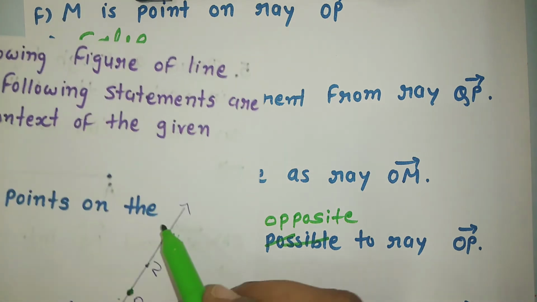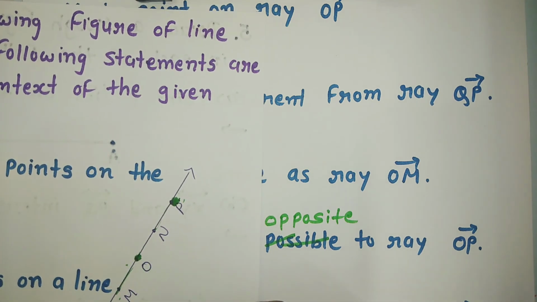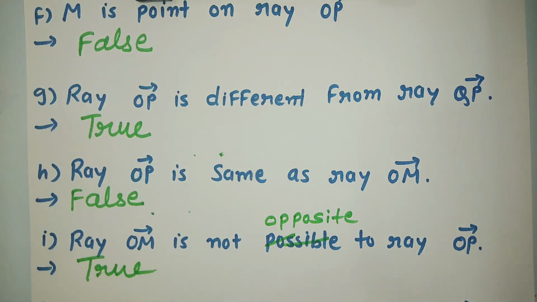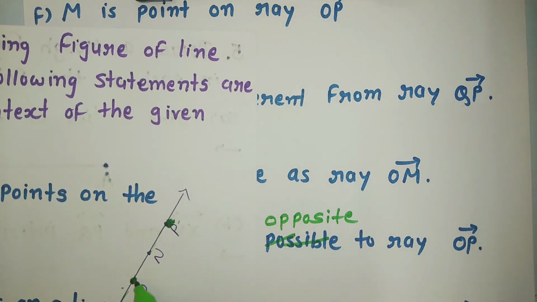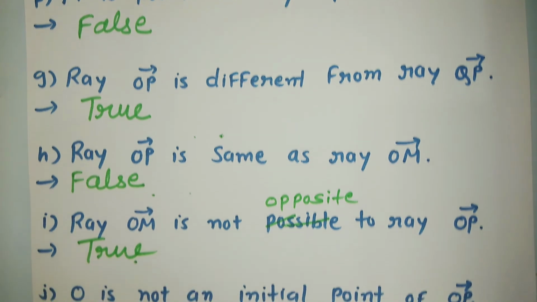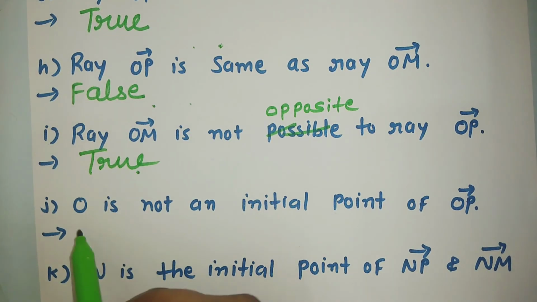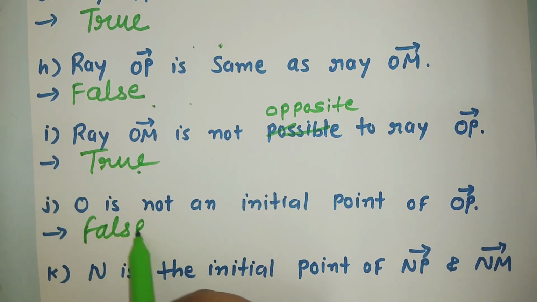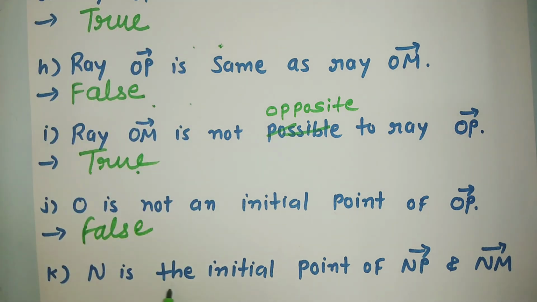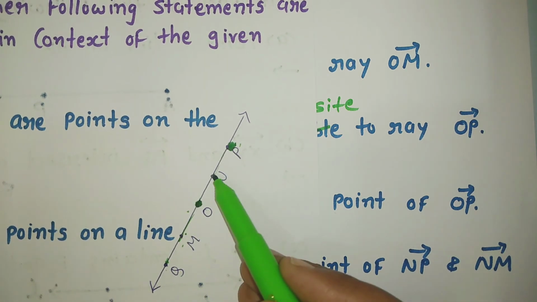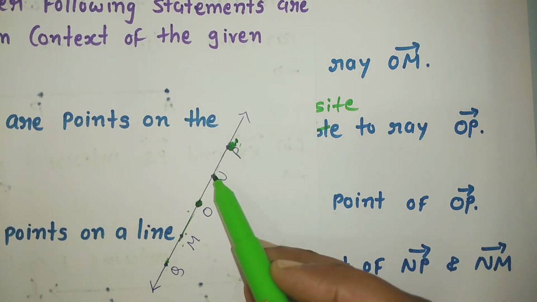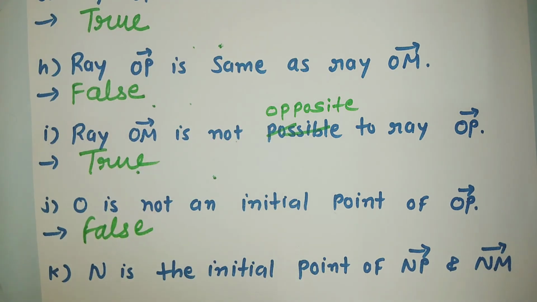Because OP goes this way, and OM goes to this side. J. O is not an initial point of OP. O is the initial point of ray OP. So this J is false. K. N is the initial point of NP and NM. So N is the initial point of NP and NM. So K is true.